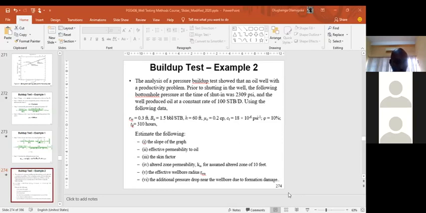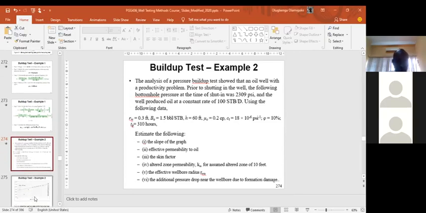Here we are given producing time, which is 310 hours. Estimate the following: the slope of the semi-log graph, the effective permeability to oil, skin factor, altered zone permeability, effective well bore radius, additional pressure drop. So guys, you can now try to follow me here.